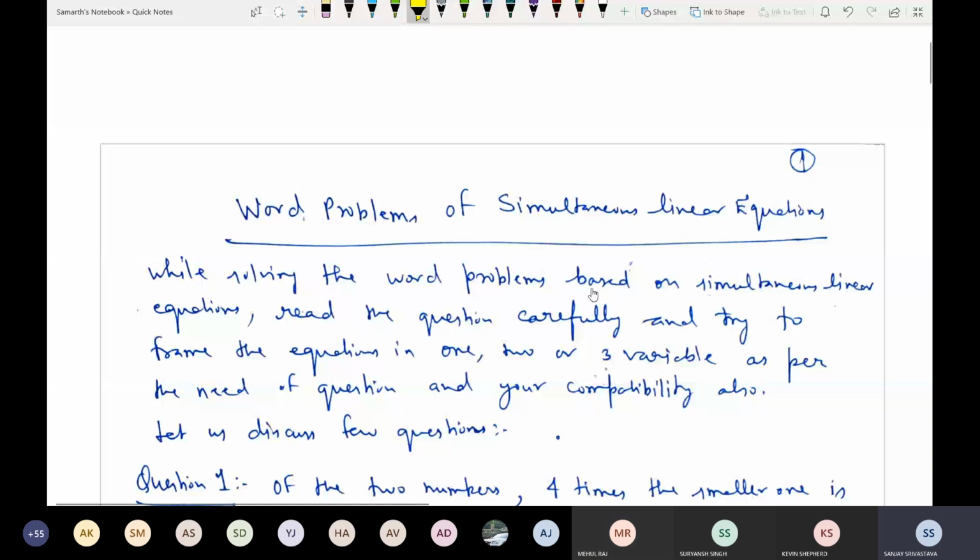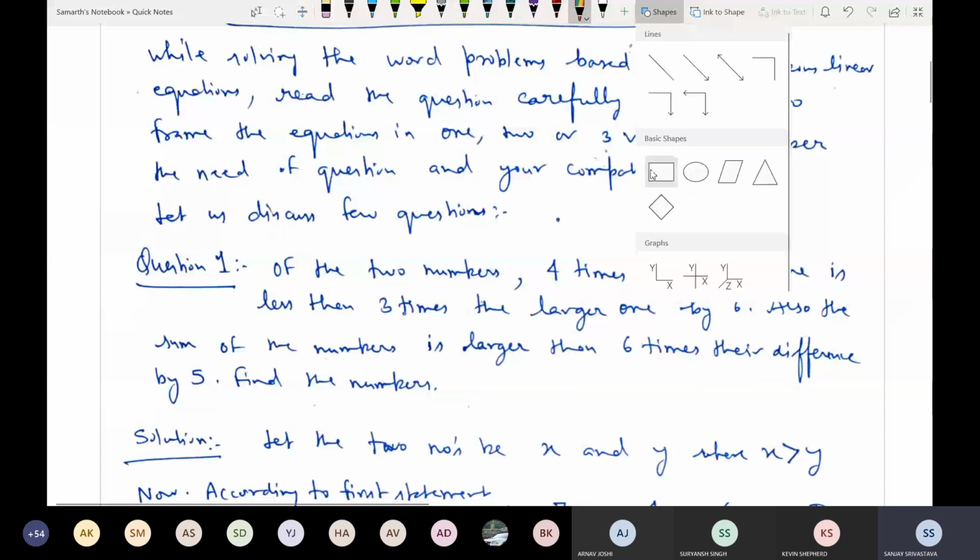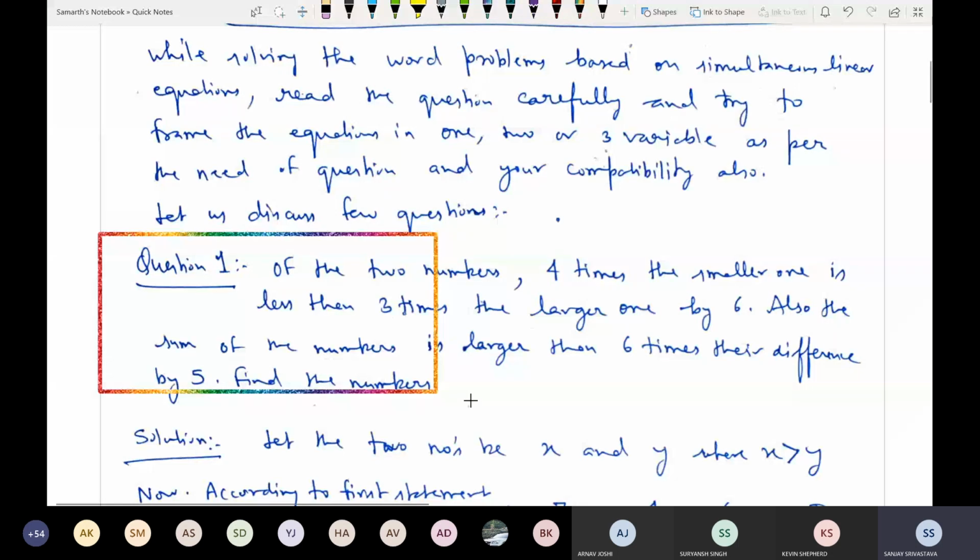And today I'm going to explain this with the help of examples. Few questions I will explain and few questions I will give you to do just now, so that the thing is clear.